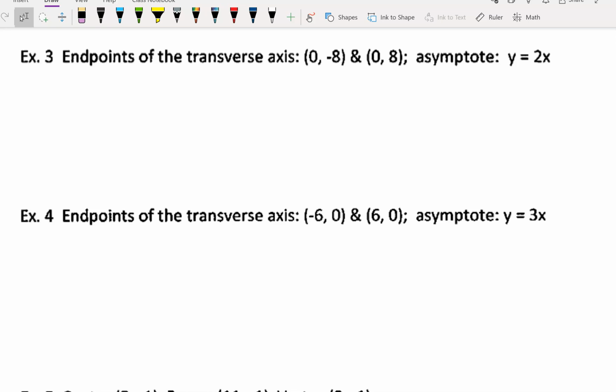And the endpoints of the transverse axis. So transverse axis is our major axis. And so if our major axis is on the y-axis, this is going to be vertical.